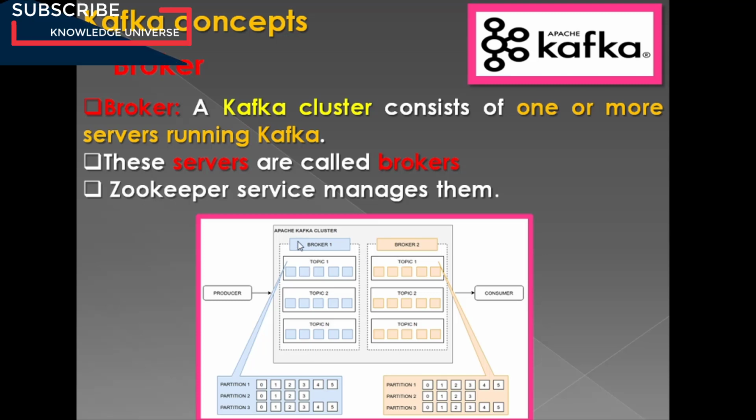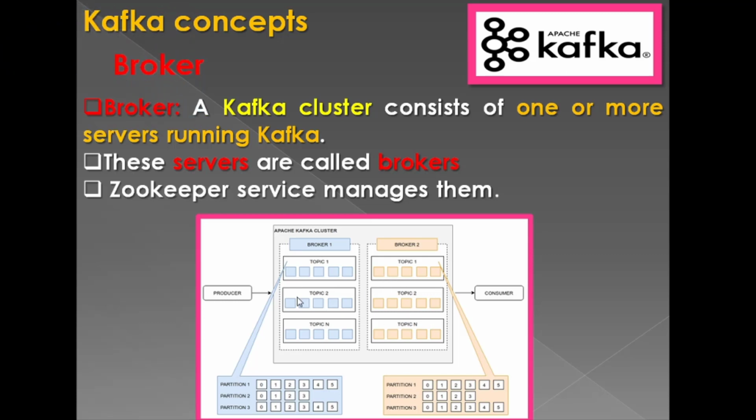This is the first broker, and the second broker or second server. To manage these brokers or servers, we can use many important service managers. Among these service managers is Zookeeper.